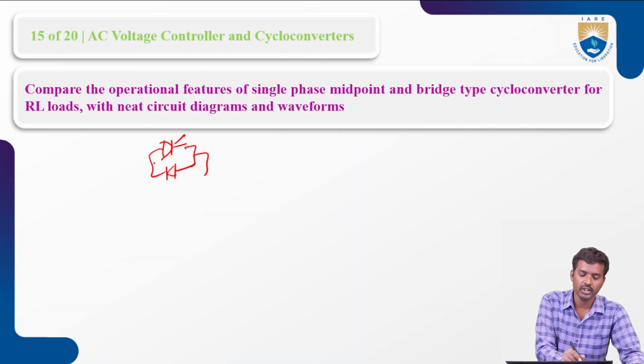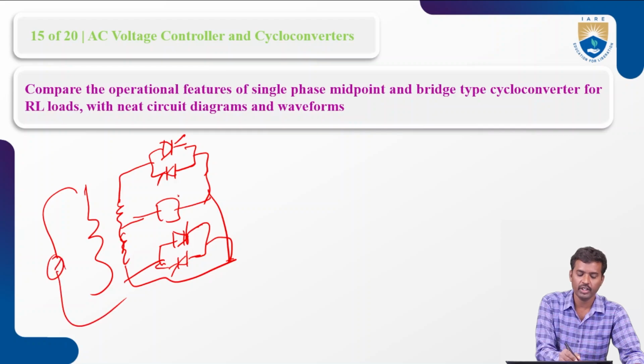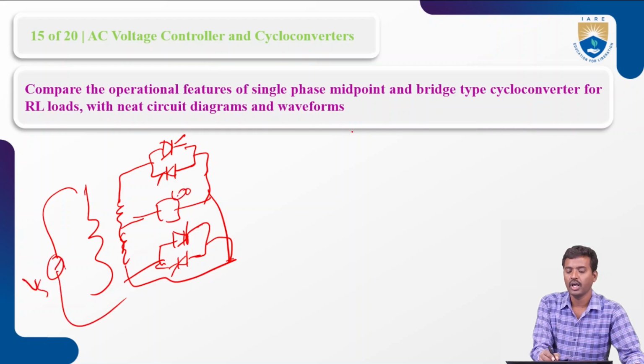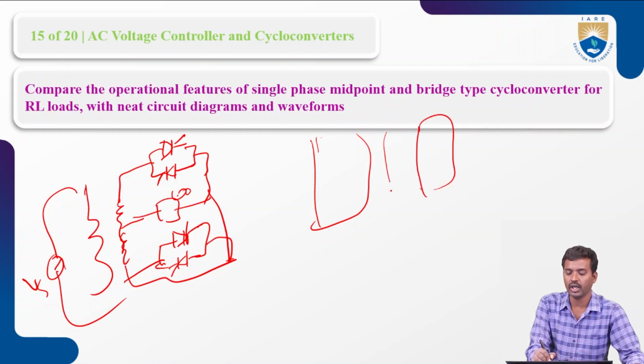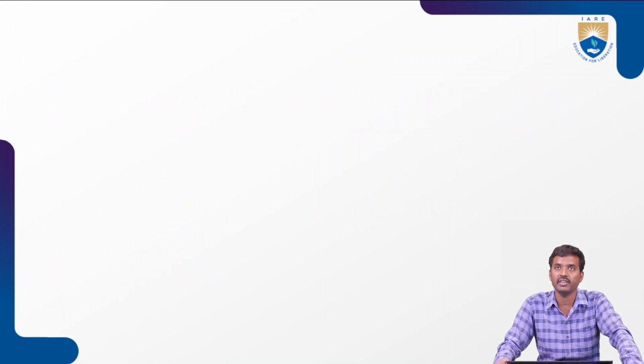Here is a center tap transformer and a load, and here is another transformer, where I give the supply Vs and get V0. Next, there is a positive group converter and a negative group converter, with the load connected in between and the supply connected here. That is the midpoint type, which we also discussed in the previous lecture.